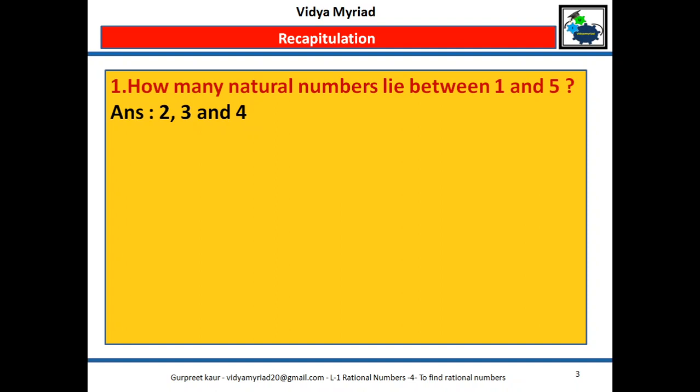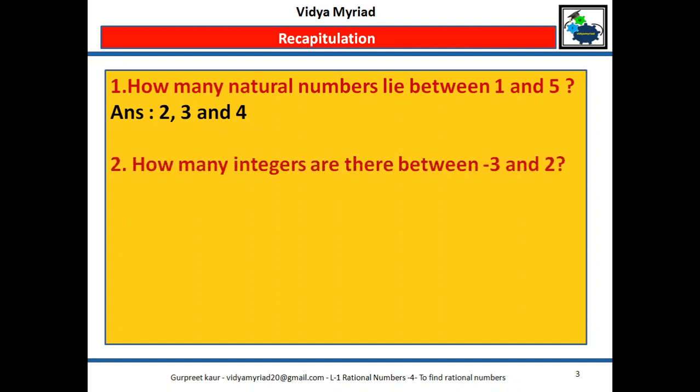Alright. Next question: how many integers are there between -3 and 2? If you know the number line, if you know the counting, you can very well say that the integers that lie between -3 and 2 are -2, -1, 0 and 1. Now what do you get from this?